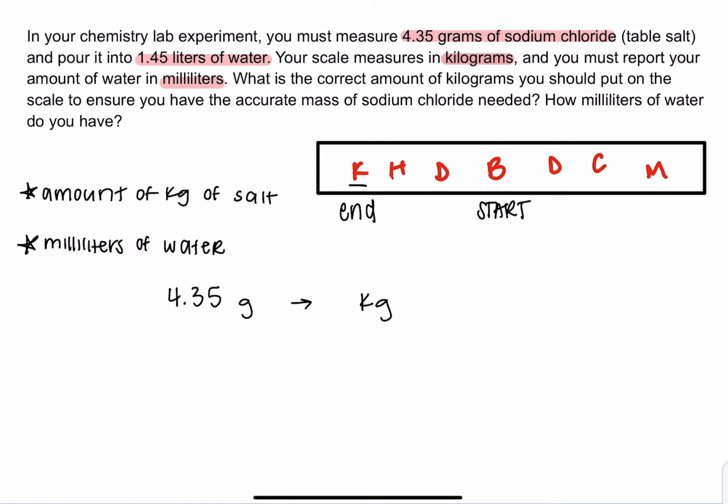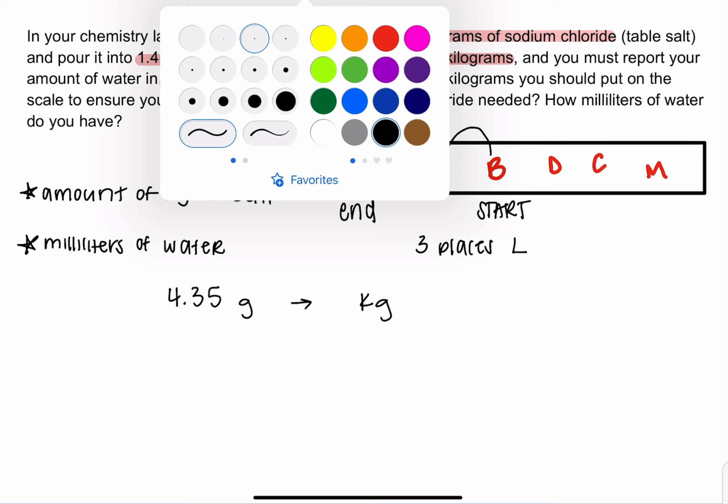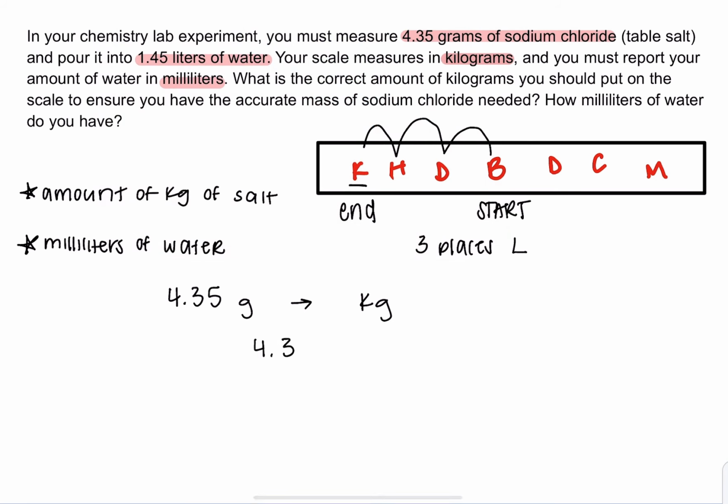Now, how many places will it take to get from base to the kilo? Let's count. 1, 2, 3. It took 3 places to the left. And I'm just going to write L here. Okay? So we know that we have to move our decimal 3 places to the left in our 4.35 grams. So let's write 4.35.